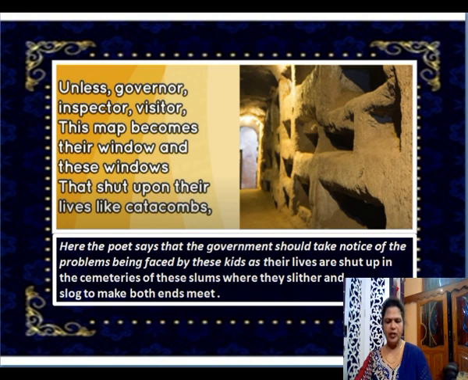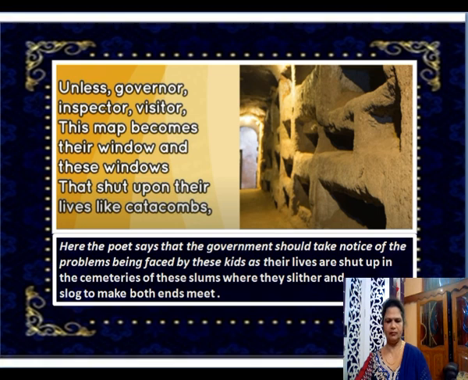Also, the poet says that the government should take notice of the problems being faced by these kids, as their lives are shut upon in the cemeteries of these slums where they slither and slog to make both ends meet. Cemeteries means catacombs. So their lives are confined here only. So unless some governor or the public pay heed and take care of these children, nothing can be done. Nothing betterment can be done for these children.